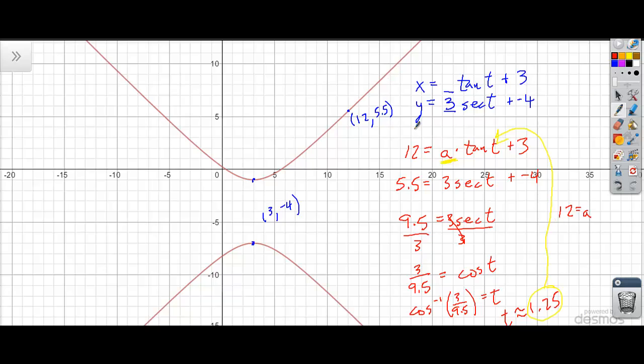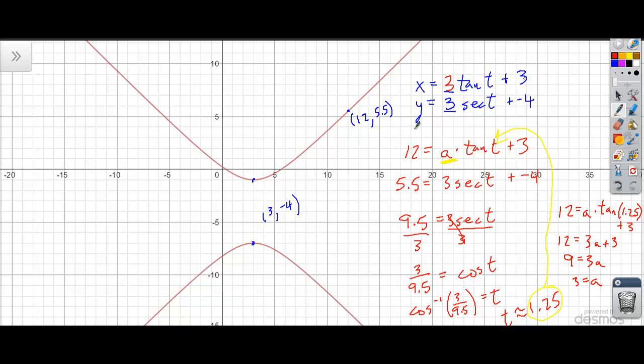We're going to have 12 equals a times tangent of 1.25 plus 3. Now, tangent of 1.25 is itself very close to 3. So since I'm estimating anyway, I'm just going to write 3. Tangent of 1.25 is 3 times a is my 3a plus this 3 from the equation. So I go ahead and I solve. I subtract 3 from both sides. I divide by 3. A equals 3. Okay, so I fill that in.